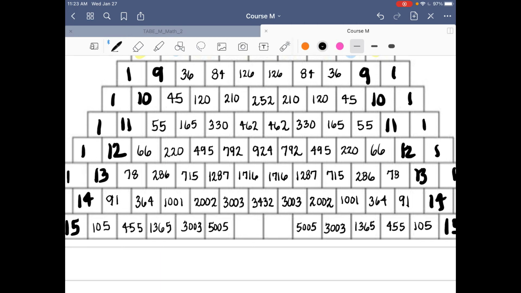And then 3003 plus 3432, and that one gets duplicated. So we have finished our triangle.